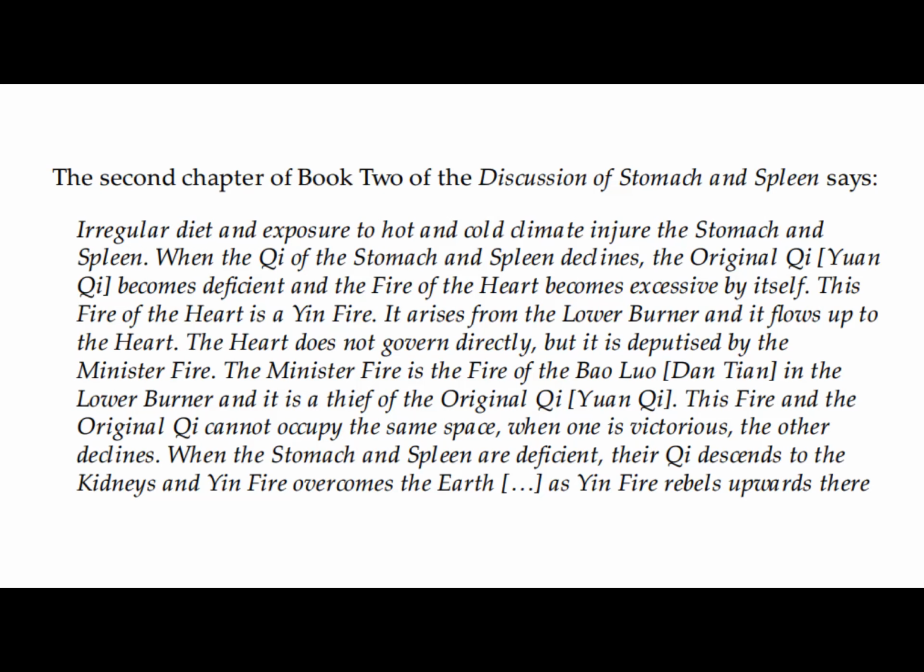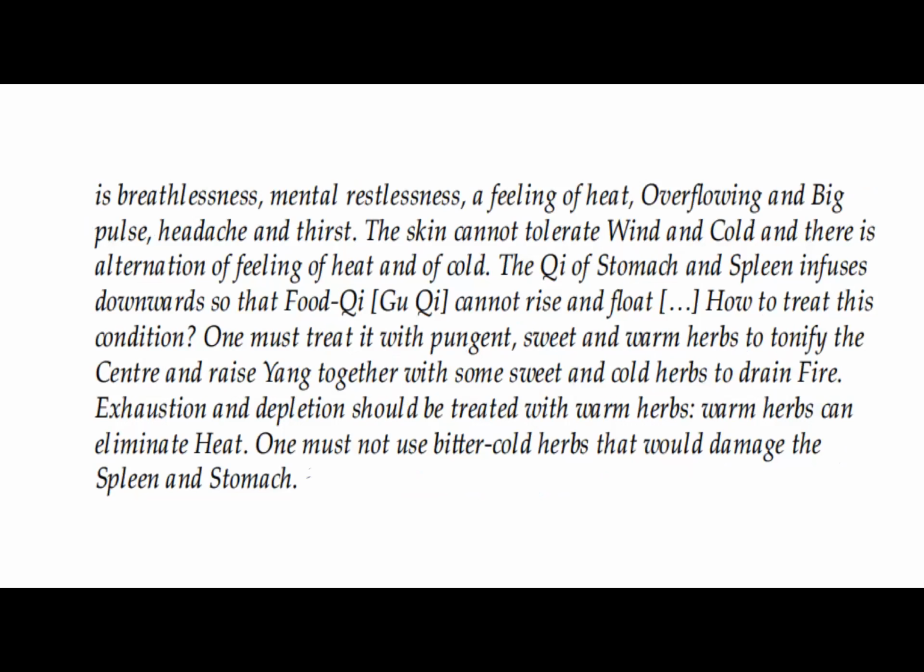As yin fire rebels upward, there is breathlessness, mental restlessness, feeling of heat, overflowing and big pulse, headache, and thirst. The skin cannot tolerate wind and cold, and there is alternation of feeling of heat and cold. Qi of stomach and spleen infuses downward so that food qi or gu qi cannot rise and float.